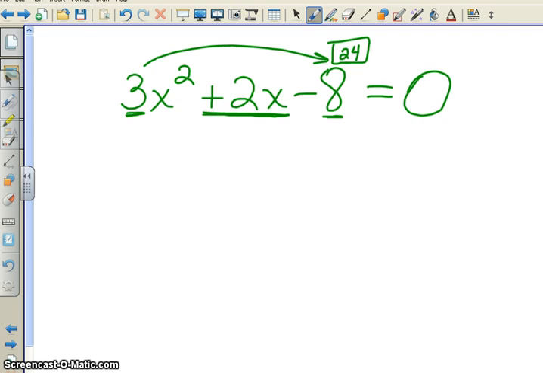Well, 6 times 4 is the first numbers that occur to me. It makes 24, and 6 and 4 we could make a difference of 2. So we are going to take this 2x and split it into 6x and 4x.